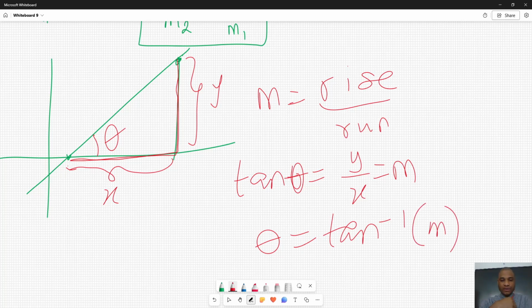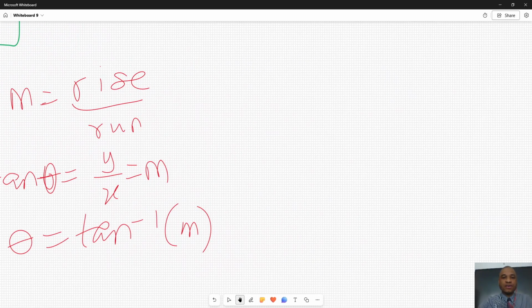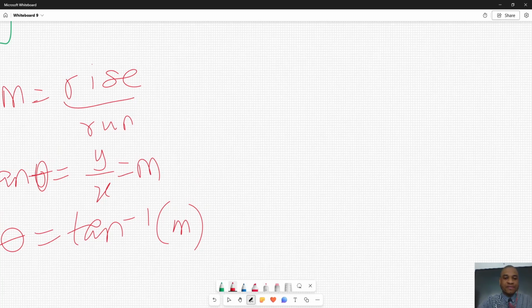When you know the gradient, you can find the angle, and when you know the angle, you can find the gradient. So take note; this is another thing you have to keep in mind. These are very important points. Once you understand these things, trust me, this topic will be a piece of cake.